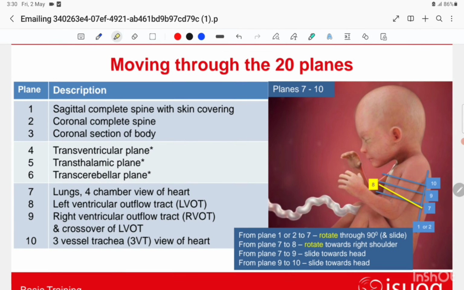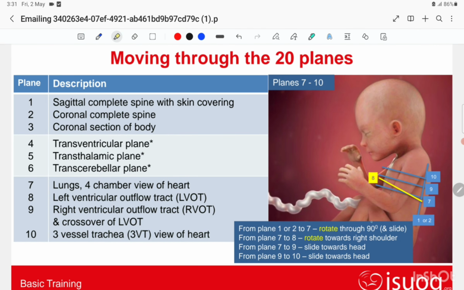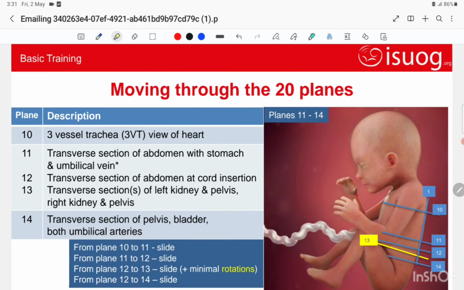Then for planes 7, 8, 9, 10, from the spine rotate 90 degrees, rotate towards the right shoulder to get planes 7 to 8, then slide towards the head for 7 to 9 and 9 to 10.